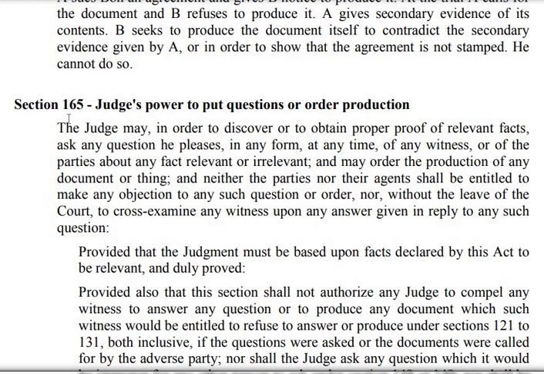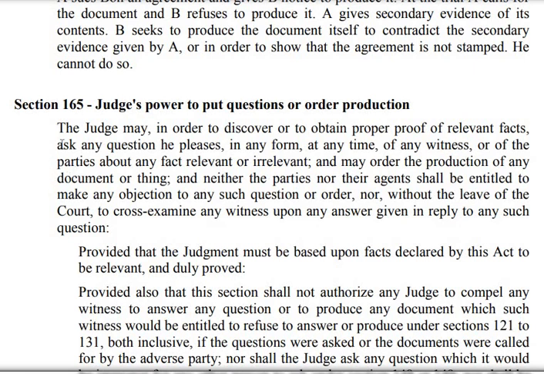So this is the special provision, and what we have studied earlier is a general provision. Section 5 is a general provision and this one is a special provision. So to that extent the special provision will prevail, but as a general rule, the parties can give evidences only of the relevant fact or the fact in issue.